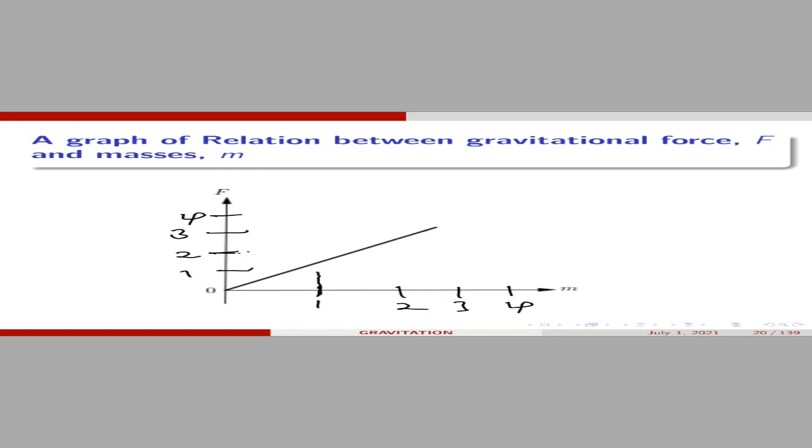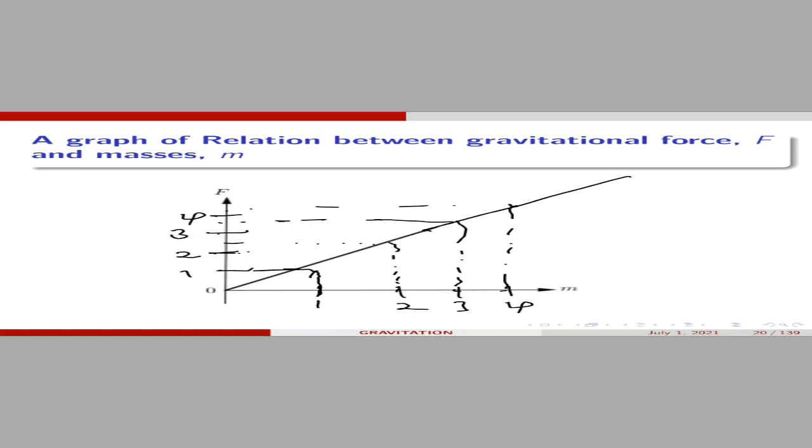If I have 1 M, what is my F? If I have 2 M, what is my F? Let me increase M. F also increases. Let me extend this line. If I have 3 M, what is my F? F has also increased. If I have 4 M, what is my F? F has also increased.